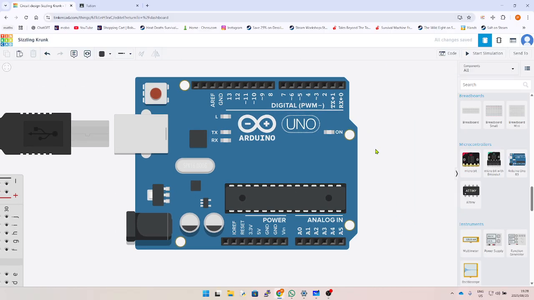Can anyone tell me what ICSP stands for? I'm assuming no. What does ICSP stand for? The ICSP header.